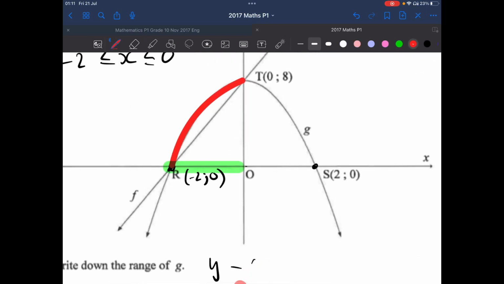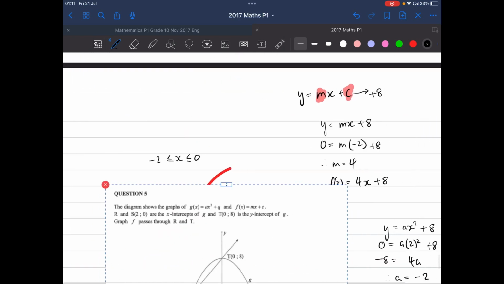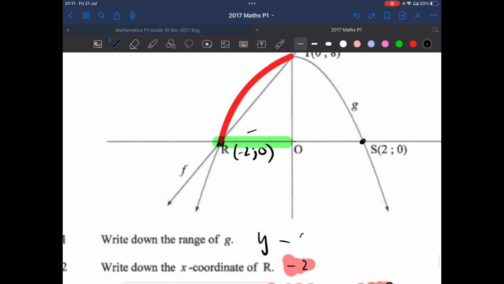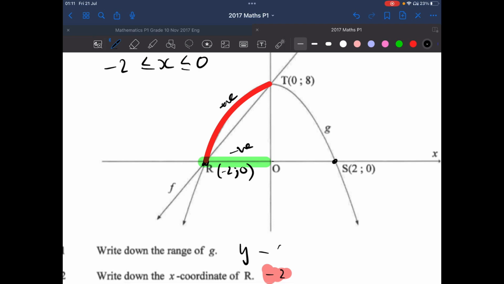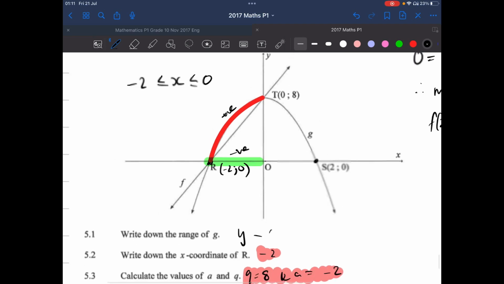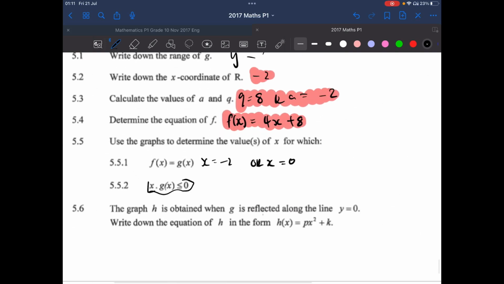x-axis. And I said to you this part of the x-axis is negative, and this red part of the graph is positive. So if I multiply the values at that point, remember we're looking for the point where x times g of x is less than or equal to 0.